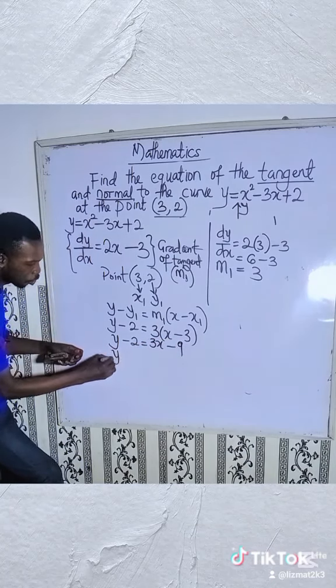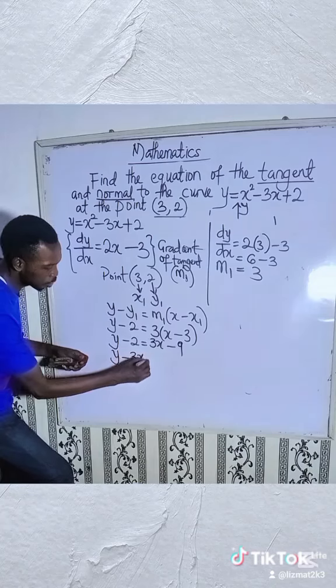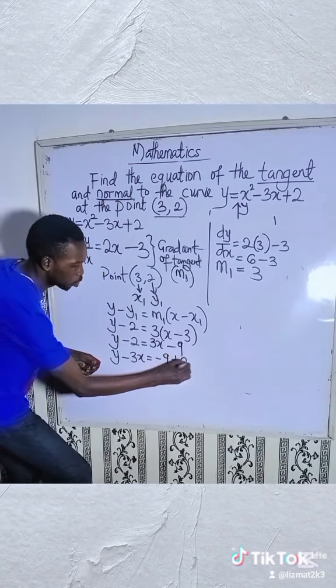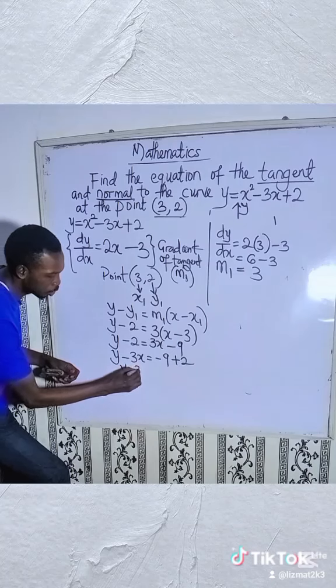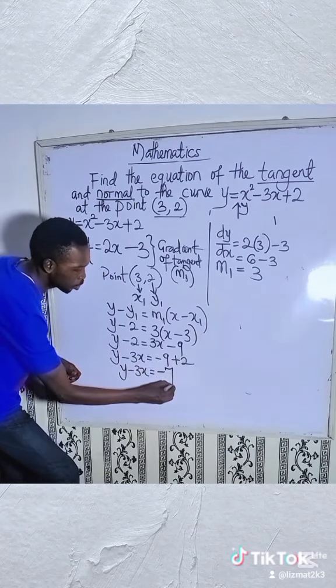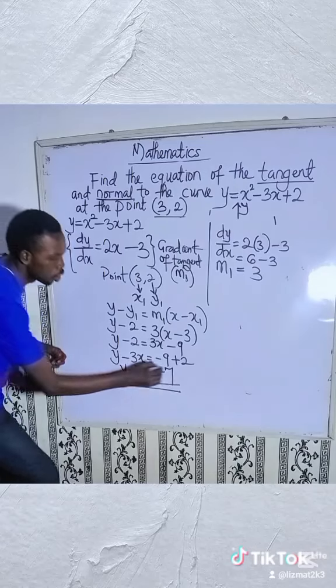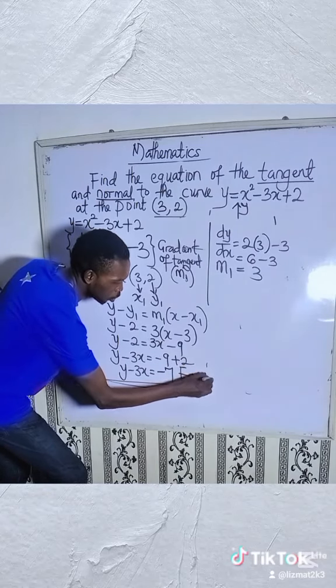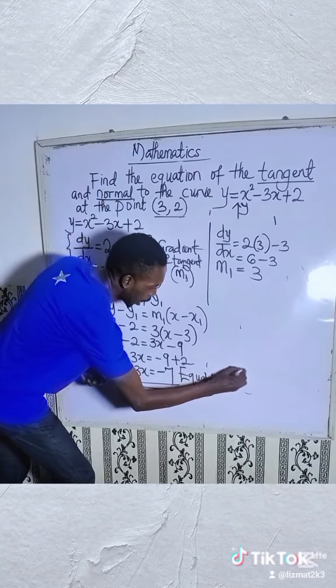So I'll rearrange. I have y minus 3x equal minus 9, then transpose minus 2, it becomes what? Plus 2. So y minus 3x equals minus 9 plus 2 give us what? Minus 7. This is what we call equation of the tangent. So I've gotten the equation of what? Tangent.